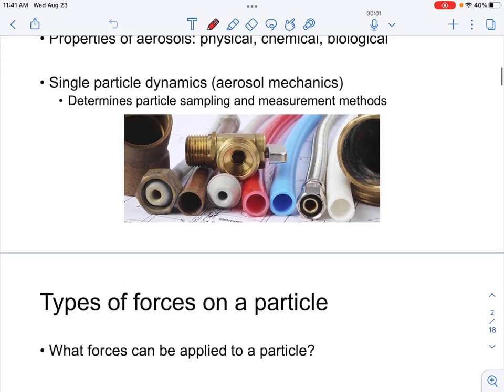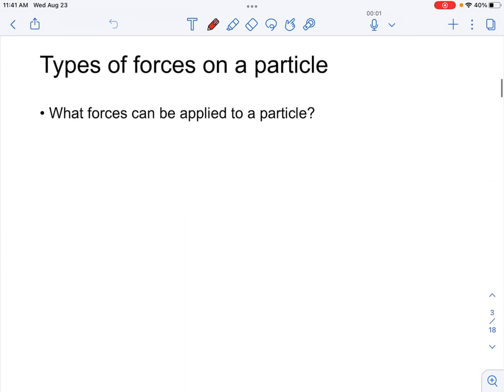Okay. To talk about the aerosol dynamics, we first need to understand what are the different types of forces that can be applied onto a particle. Okay. If you think about these different types of forces, I can probably list a few of them, right? They can include gravity, right?